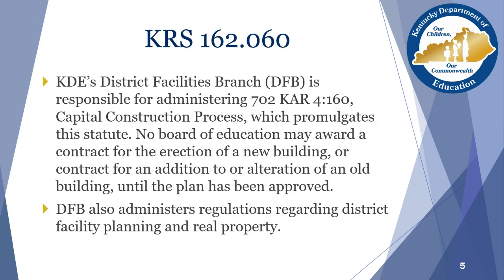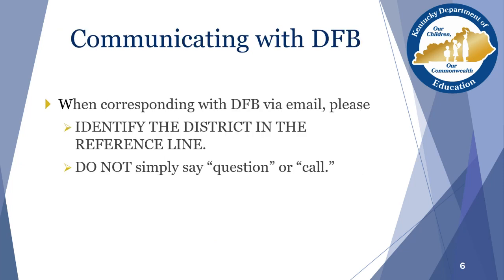Those capital construction projects are administered under 702 KAR 4:160, which promulgates the statute. No Board of Education may award a contract for the erection of a new building or contract for an addition to or alteration of an old building until a plan has been approved. District Facilities Branch also administers regulations regarding district facility planning and real property. Next slide, please.